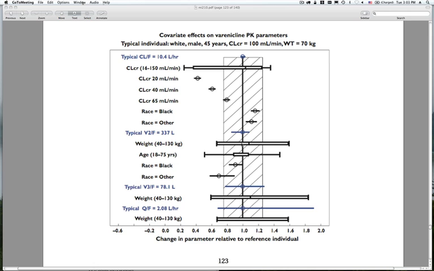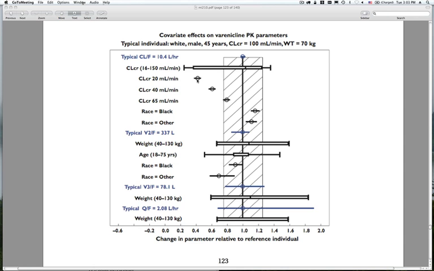And then we have the covariate relationships plotted. So for example, what's the impact of renal function? Well, creatinine clearance here is explored. And in this case, weight was not estimated as a predictor. Creatinine clearance was used instead of weight. There's a box and whisker plot showing the range across the range of creatinine clearance, but it's probably more informative to look at the individual cuts of creatinine clearance at 20 mils per minute, 40 mils per minute, 65, and so on.